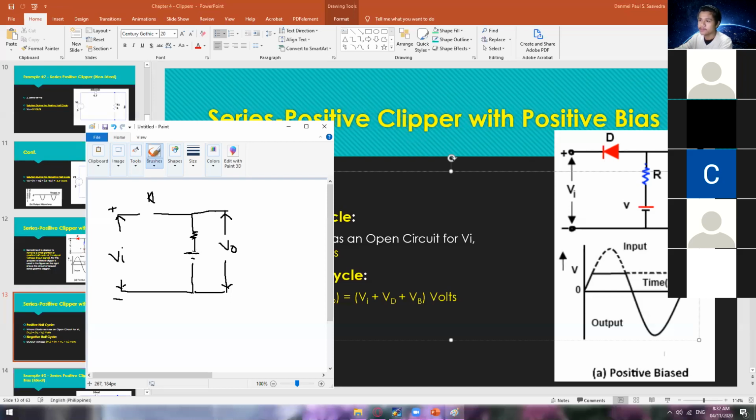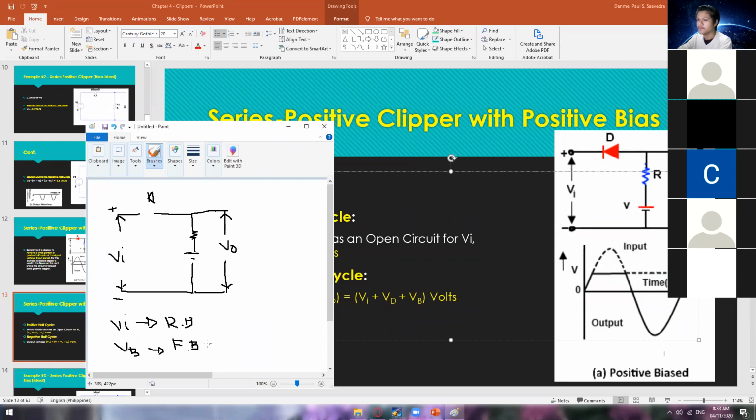As you can see right here, the positive bias voltage is connected to the P type of our diode and the negative is connected to the N type. So this bias voltage will make this diode forward biased. So V sub I is in reverse bias, and the bias voltage is in forward bias.